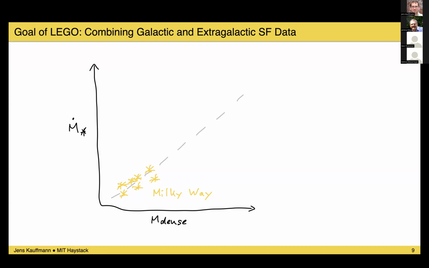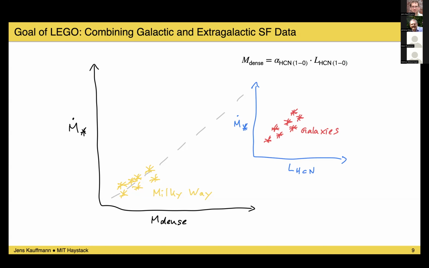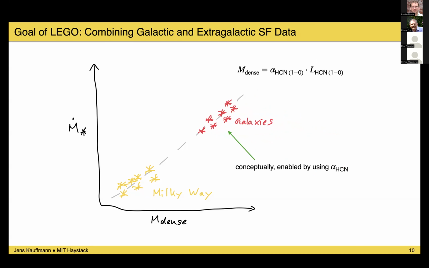In the Milky Way, there are ways to measure this directly, but then we have other galaxies where we only have the relationship between the star formation rate and, for example, the HCN luminosity. And then we want to place these galaxies on the star formation mass density diagram. If we know this proportionality constant there between the mass of dense gas and HCN luminosity, then we can move galaxies onto this relationship and try to understand how galaxies work in relationship to the Milky Way.